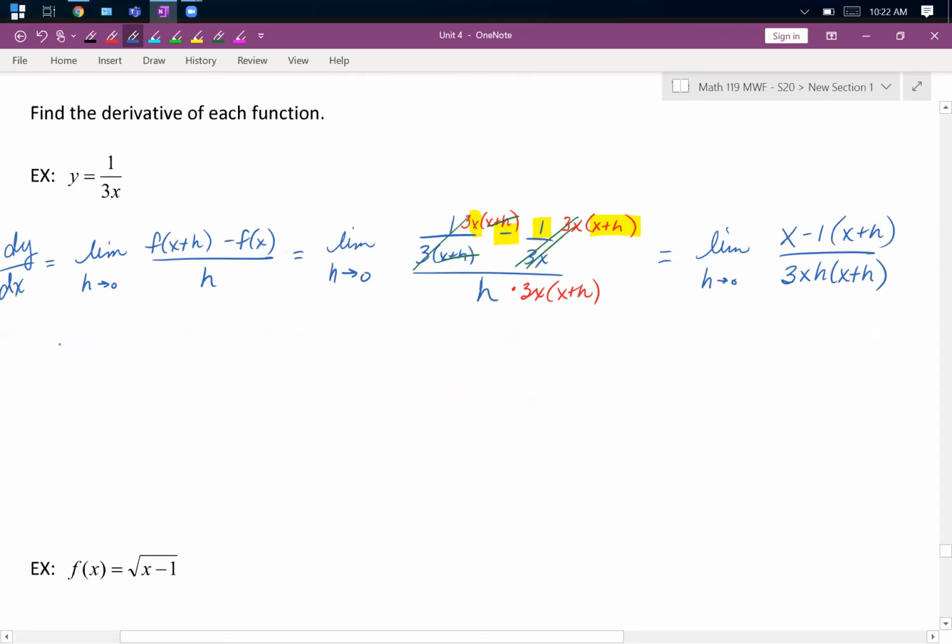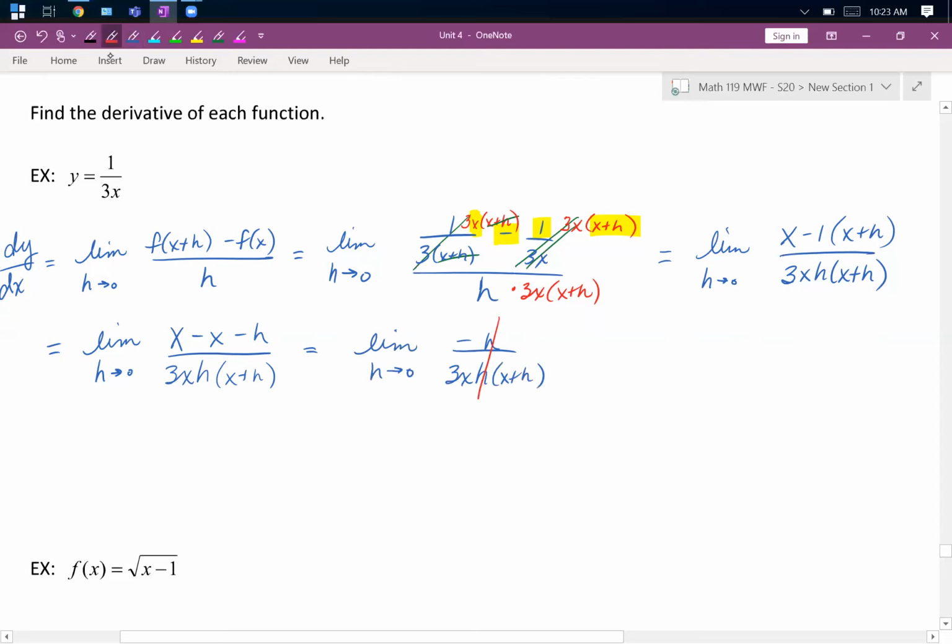Continuing to simplify, we will distribute in our numerator. And still writing the limit as h approaches 0 every single time. Combining like terms in the numerator, so negative h over 3xh times x plus h.